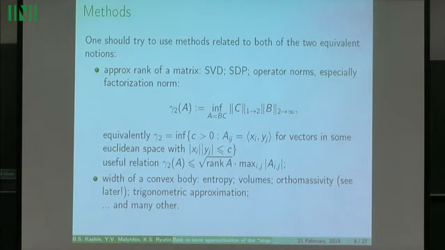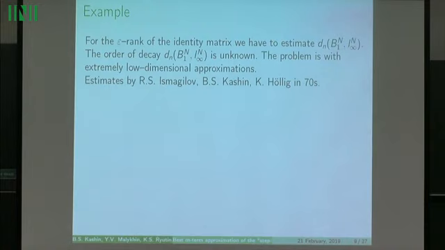And from the theory of width of a convex body, we can apply the techniques of entropy, volumes, orthomassivity. I will talk about it later. Some stuff from harmonic analysis, and from trigonometric approximation, and many others. So for the epsilon rank of the identity matrix, we have to estimate this width. It's the width of the octahedron in l_infinity.